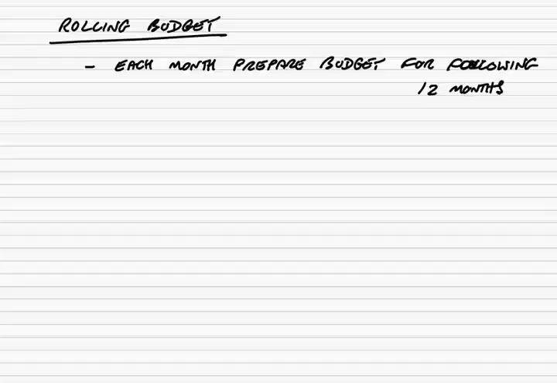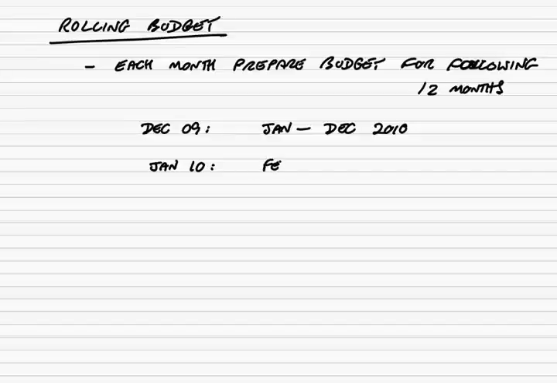What you might do, for instance, in December 2009, you'd do a budget for the following 12 months, January to December 2010. But then in January 2010, you'd budget all over again for the following 12 months, for February 2010 to the end of January 2011.